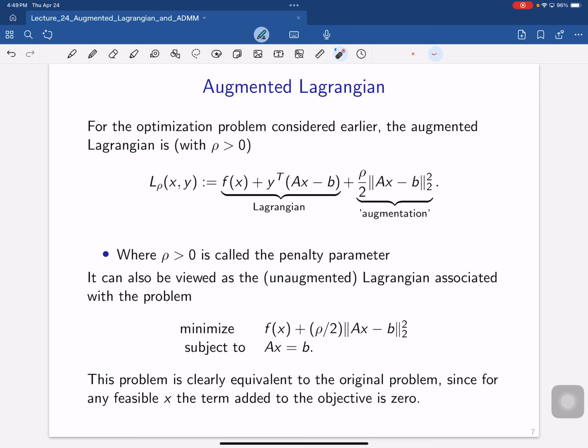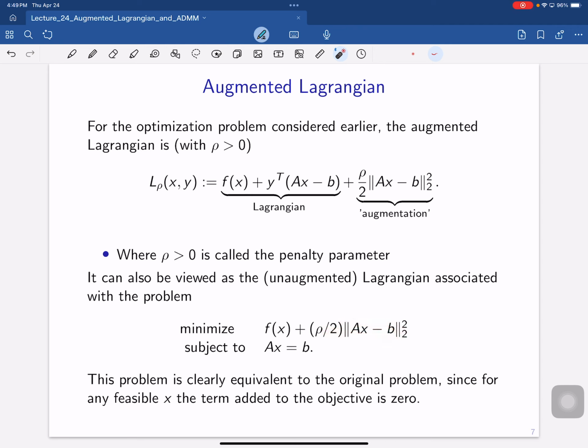Another way of viewing augmented Lagrangian is applying Lagrangian decomposition or dual decomposition to the following augmented problem, right? So this problem is clearly equivalent to the original problem, right? Because any x satisfying Ax equals b will get a 0 penalty here, right?